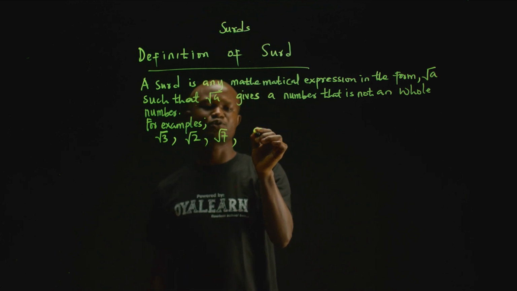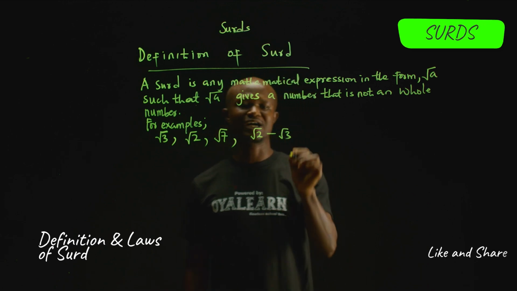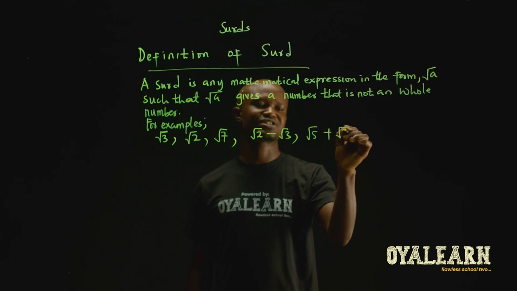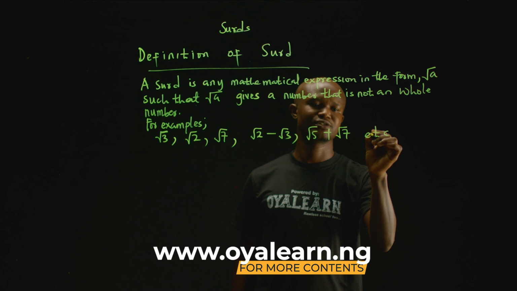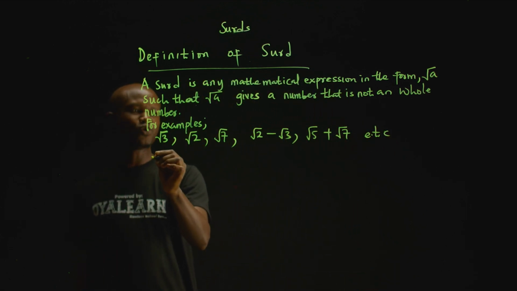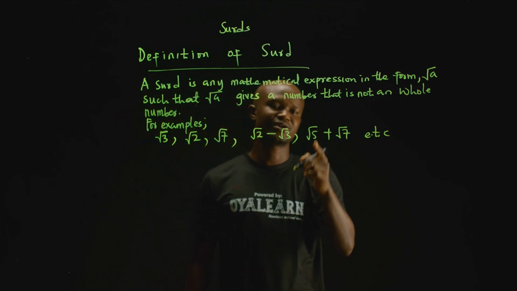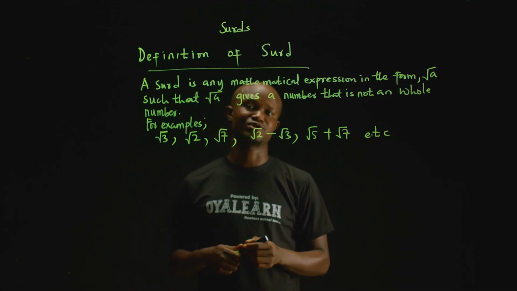You can also have root 2 minus root 3, or root 5 plus root 7. These are examples of surds. When you have a surd of this form, root 2 minus root 3, root 5 plus root 7, these are called binomial surds.